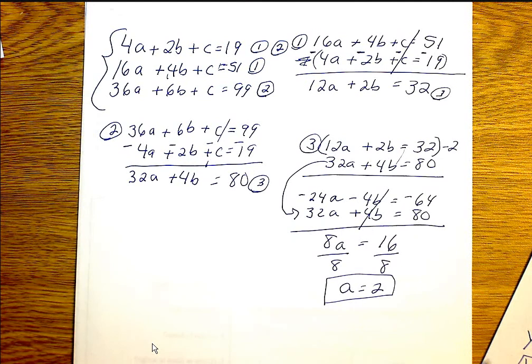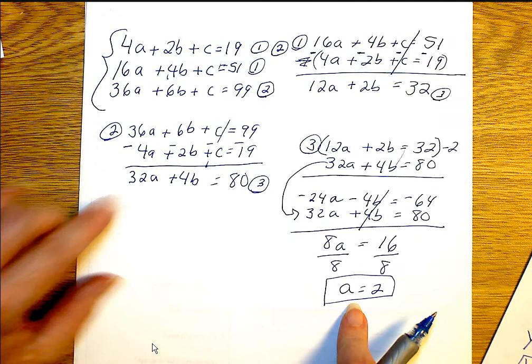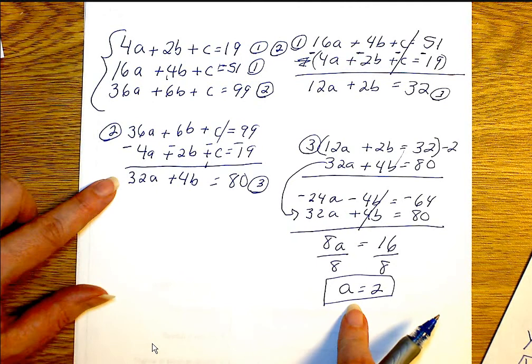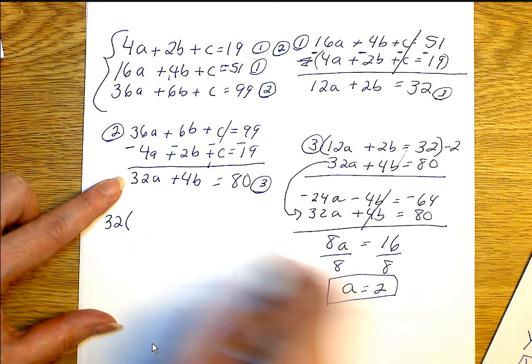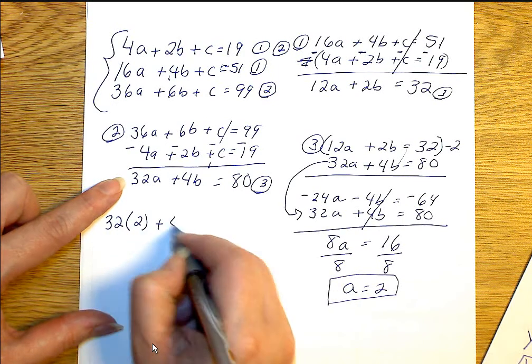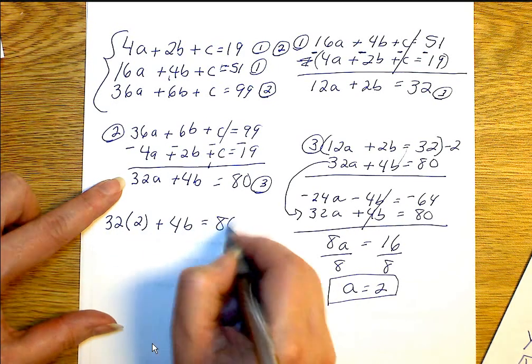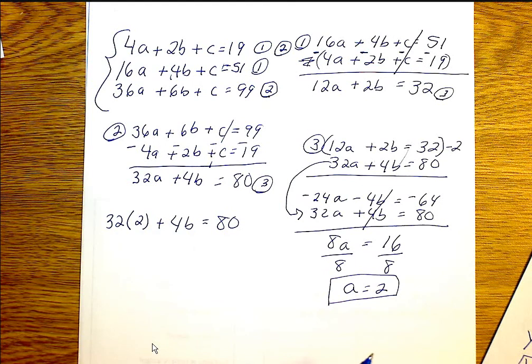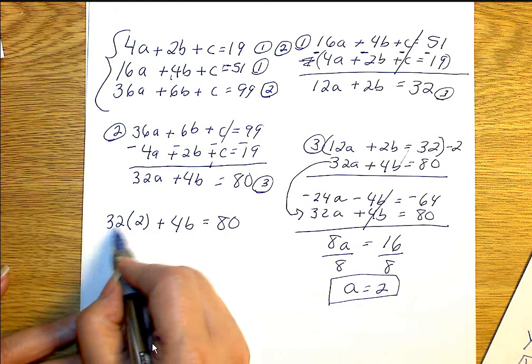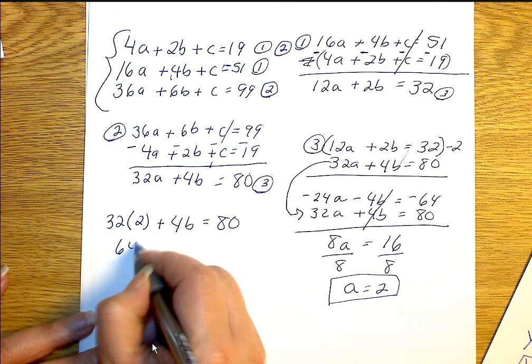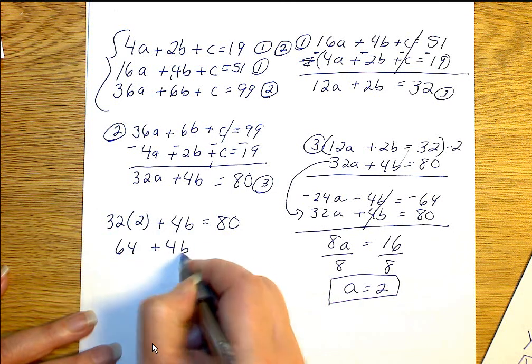A is equal to 2. Now I have to find out what B is. Up here it says that 32 times A, which is 2, plus 4B is equal to 80. 32 times 2 is 64, plus 4B is equal to 80.